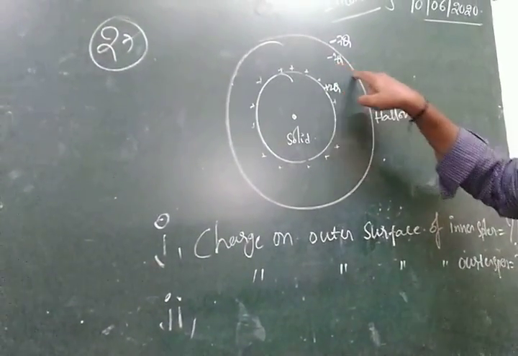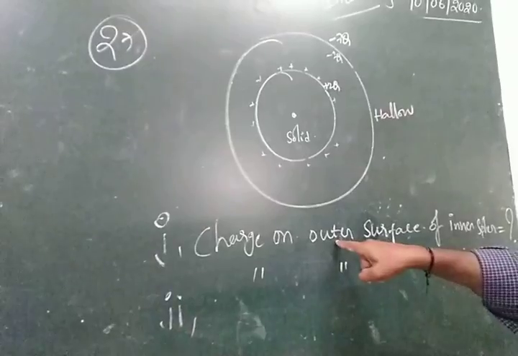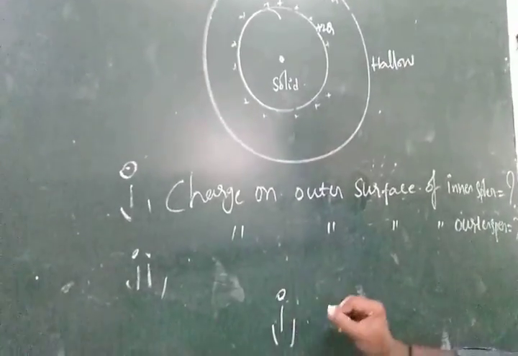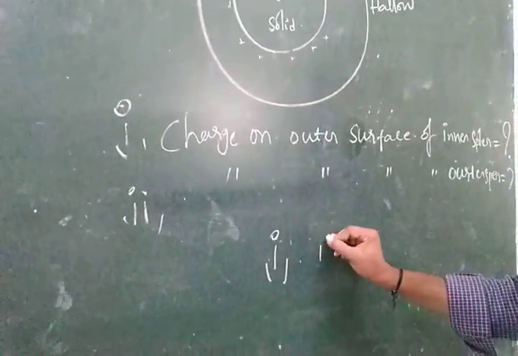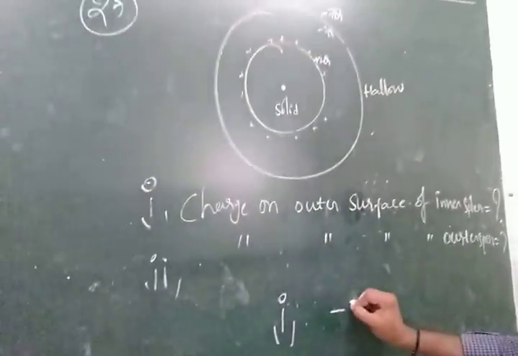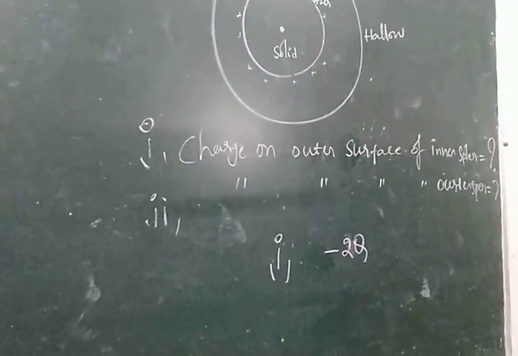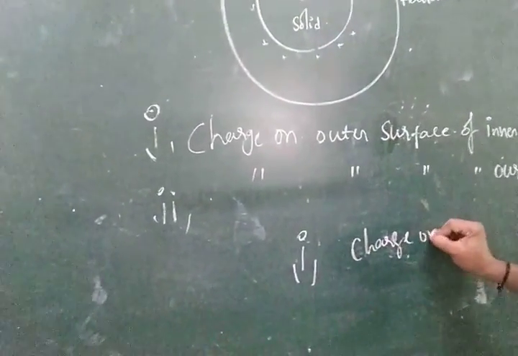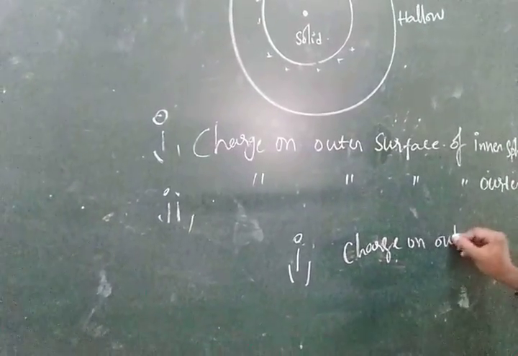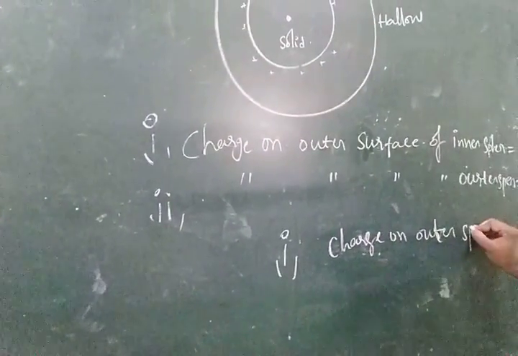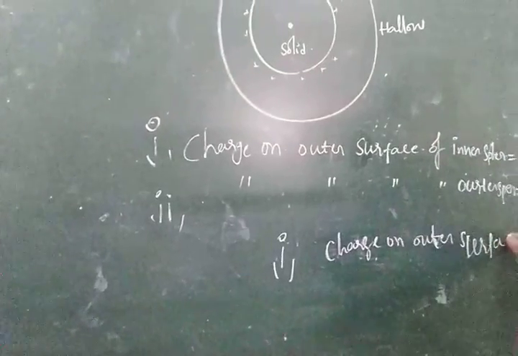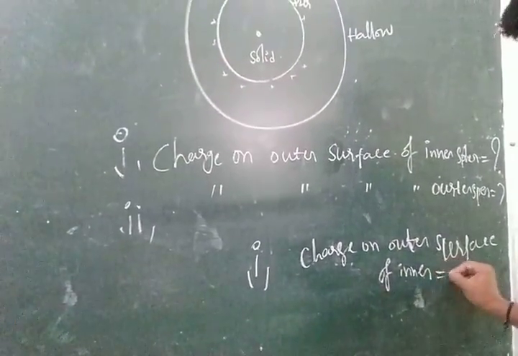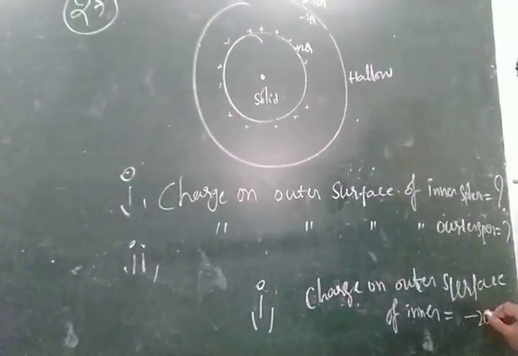So the charge on the inner surface of the outer sphere is minus 2q.